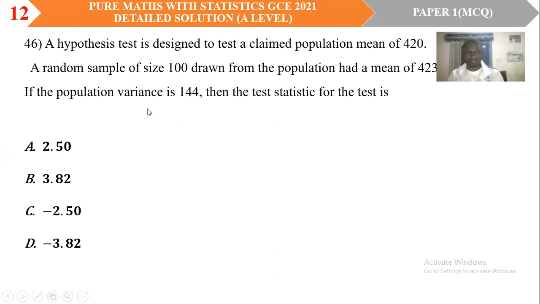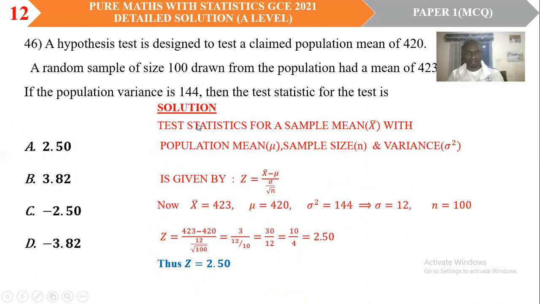If the population variance is 144, then the test statistic for the test is: solution. The test statistic for a sample mean x bar with population mean mu, sample size n, and known variance is given by z equals x bar minus mu over sigma over the root of n.